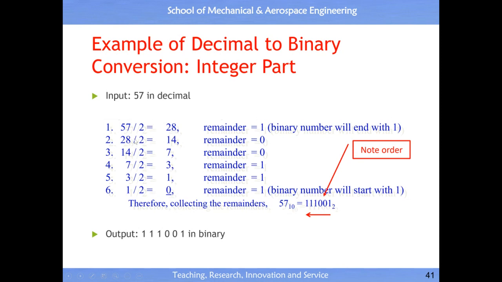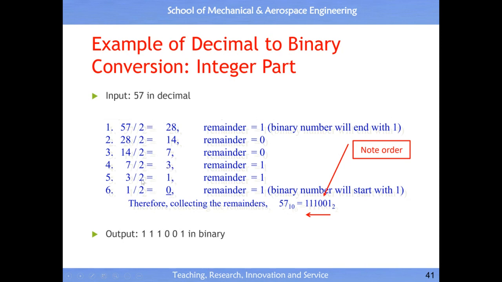Then the quotient divided by 2 gives a new quotient, and the remainder is 0, so it will be the second digit. Continue: 14 divided by 2 gives 7, remainder 0, so we get the second 0 here. Then 7 divided by 2 gives 3 with a remainder of 1. Then you have a 1 here.